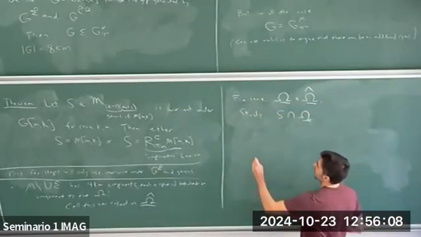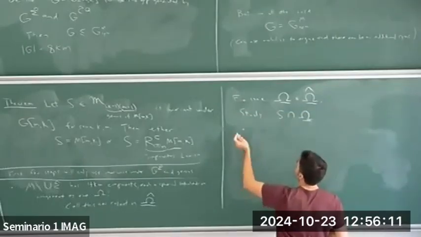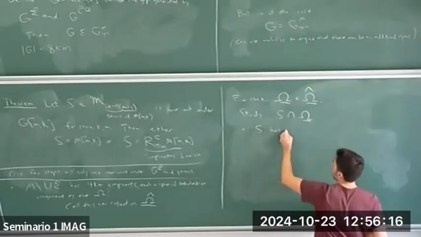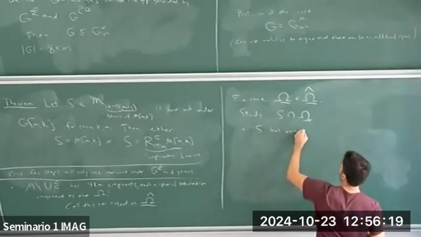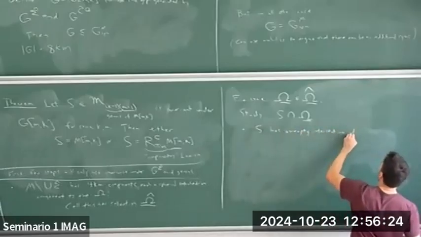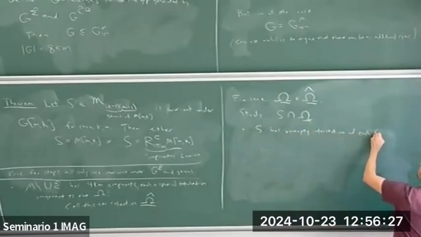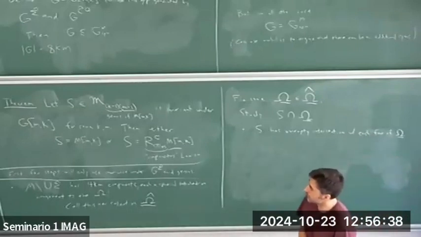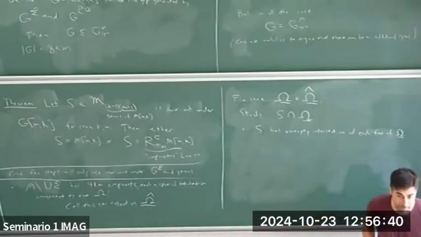One thing that I can say is that S has non-empty intersection with each face of omega bar. Well, just because the faces of omega bar lie in spheres, and by the maximum principle, S has to intersect every sphere. You can say much more, but definitely that.